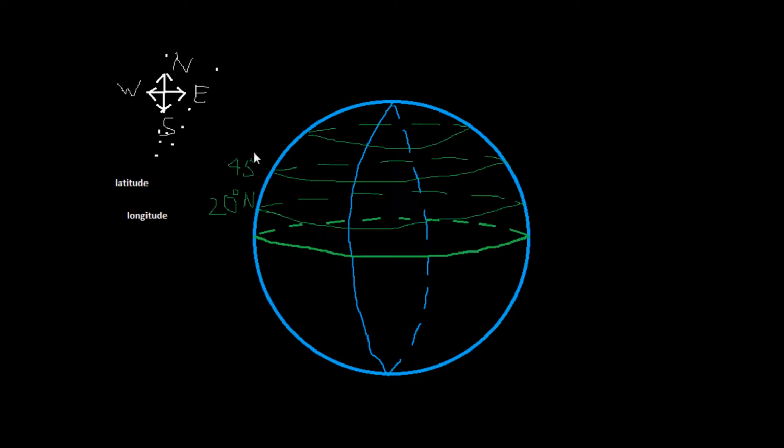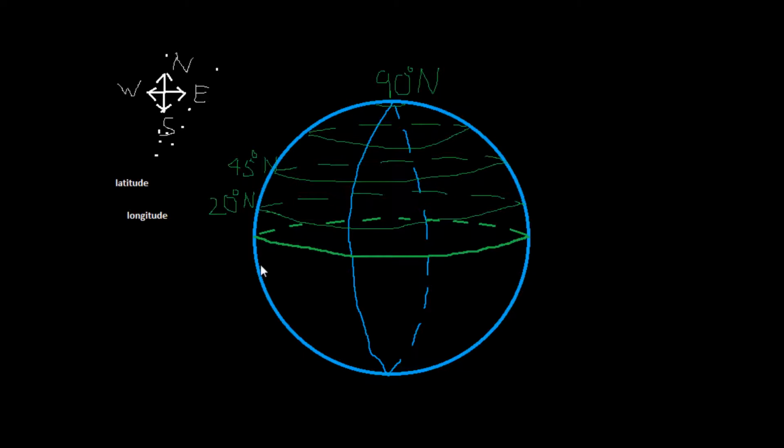And we keep going up until we reach the North Pole, which is located up there at 90 degrees north. All the points on this line around the Earth are located at 20 degrees north. And all the points on this line around the Earth are located at 45 degrees north.